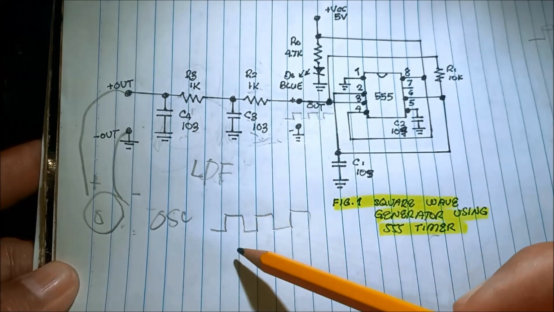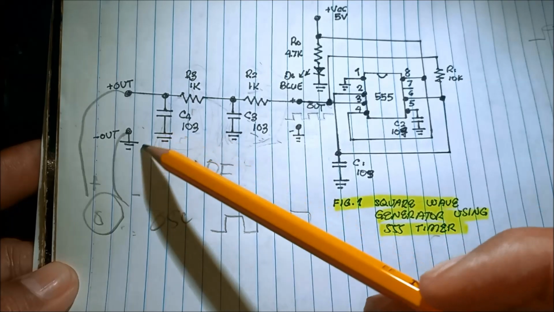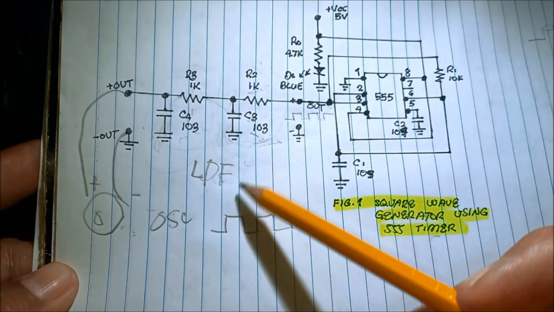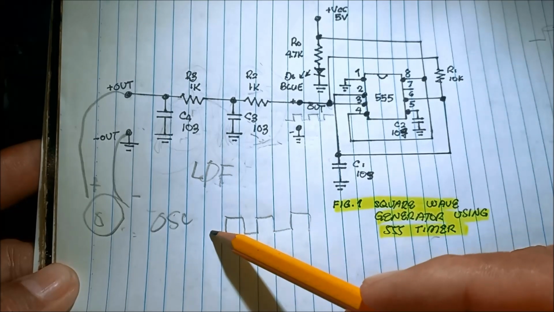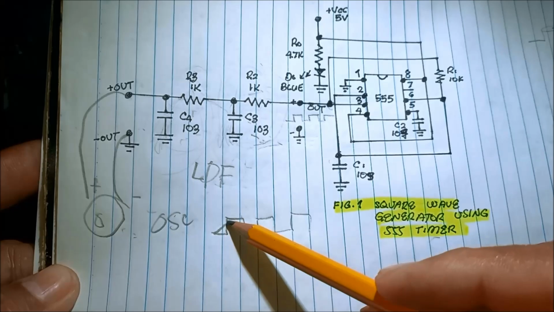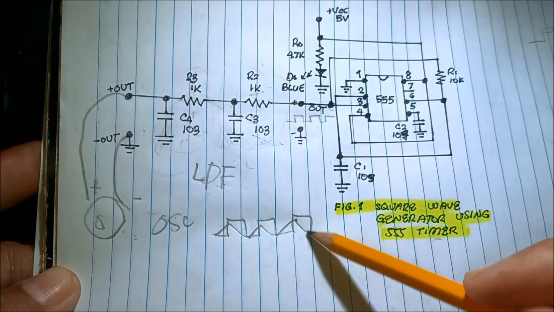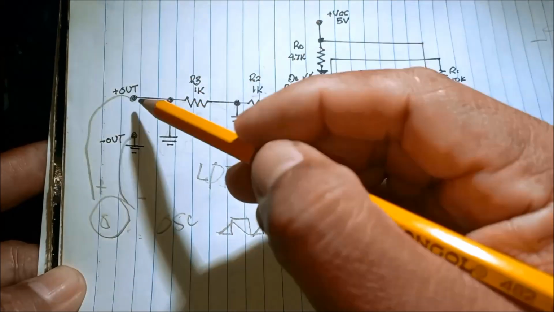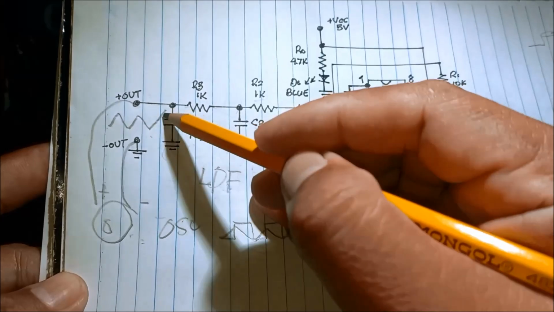So now how can we derive the output waveform? From here, the capacitor is charging, discharging, charging, discharging, charging, discharging. What is now the output? A triangular waveform.